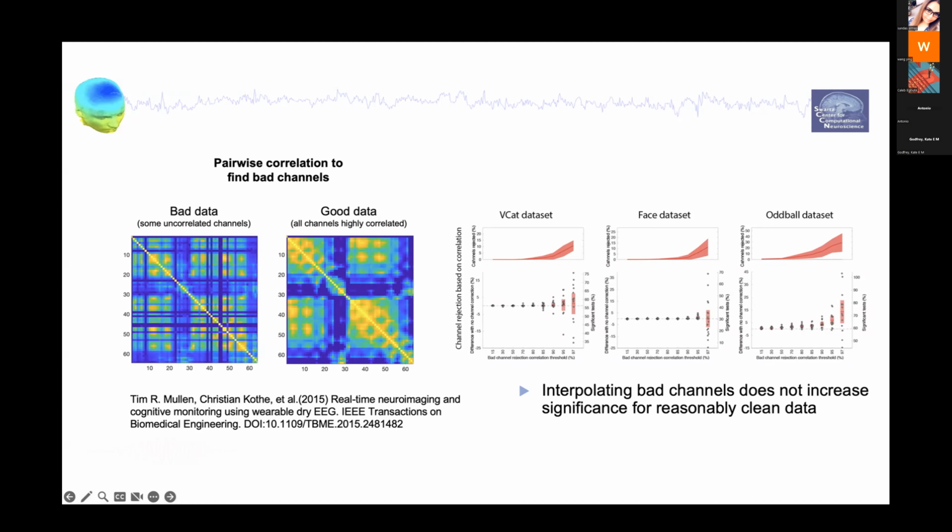For these two, the face data set and the animal versus non-animal data set, even though you increase the standard deviation, you don't increase the percentage of significant channels. So you don't increase basically the effect if you reject tons of channels.